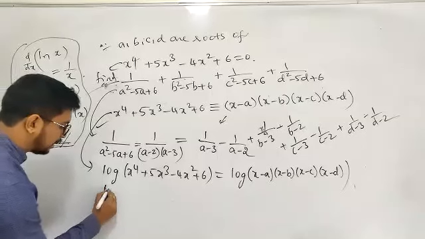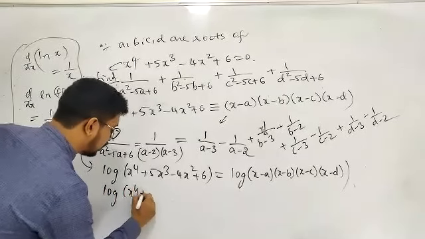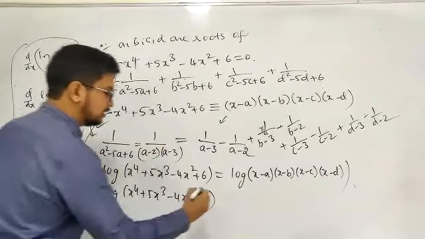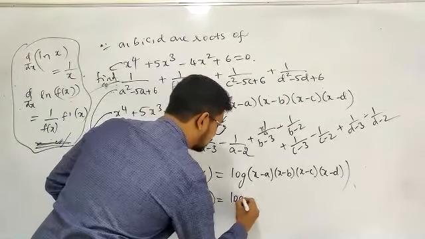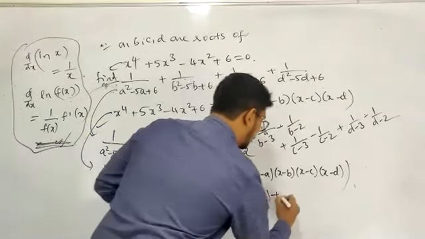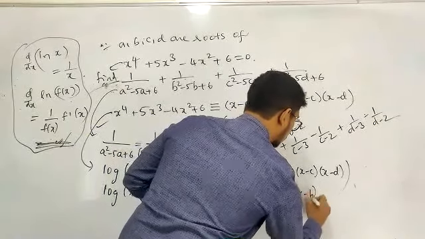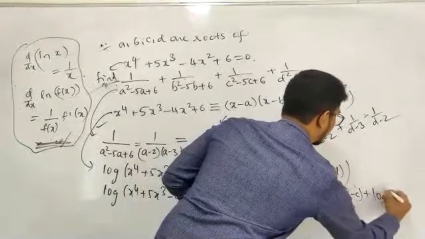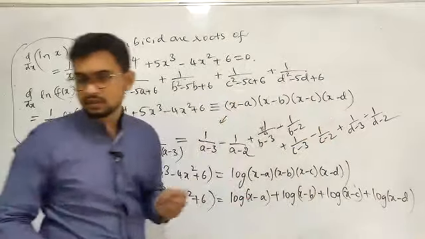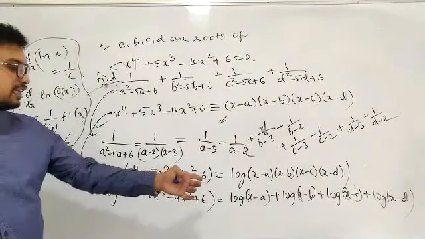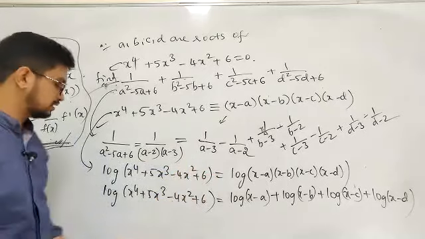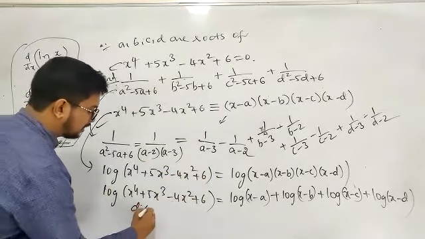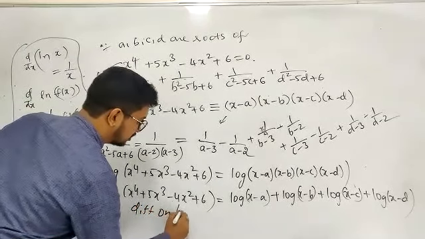So log of x power 4 plus 5x cube minus 4x square plus 6 is equal to log of x minus a plus log of x minus b plus log of x minus c plus log of x minus d. Now my next step, my different idea, is to differentiate on both sides.